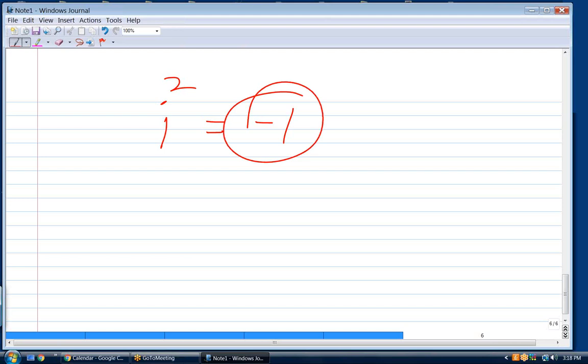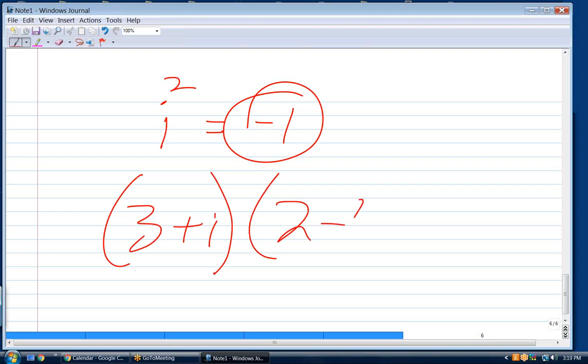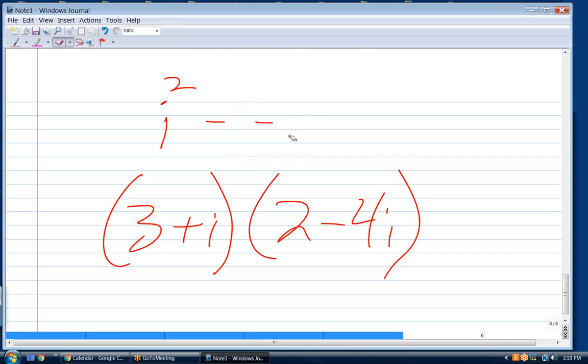And like if I'm multiplying, say, 3 plus i times 2 minus 4i, and I'm going to FOIL those two together, well, I don't end up with any i cubes or i to the fourths, but I do end up with an i squared. And I end up with a bunch of i's.